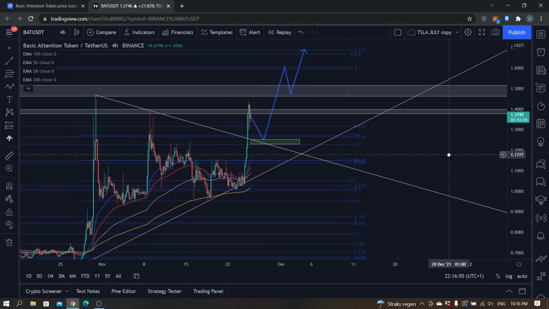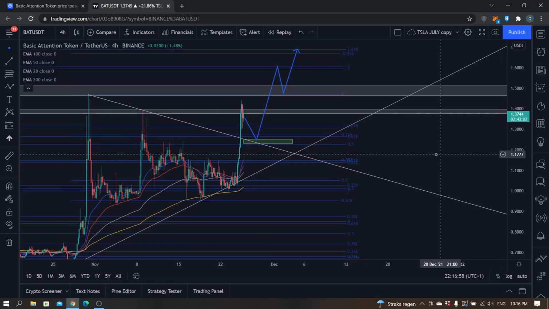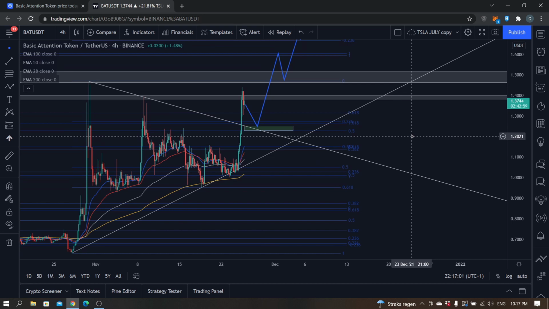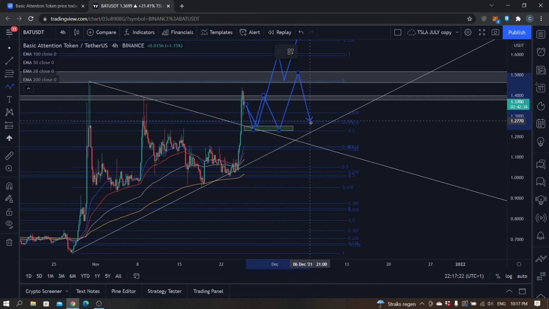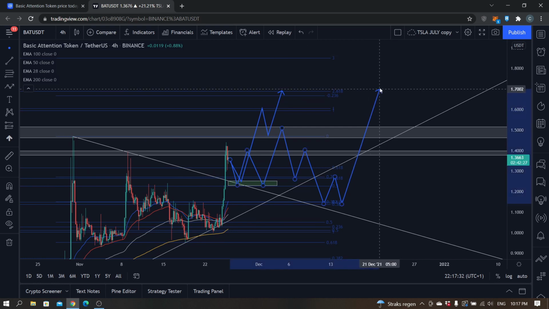So yeah, I think that's the most realistic scenario. Of course, we also have to take into account some other more bearish scenarios, because you never really know. I really do think this 1.23 will hold, but maybe some consolidation will happen, so that it will find support at 1.23, but this 1.5 is just enough resistance to make it go into a consolidation like this, which ultimately might drop down a little bit more to 1.14, and from 1.14 we'd go to 1.7.